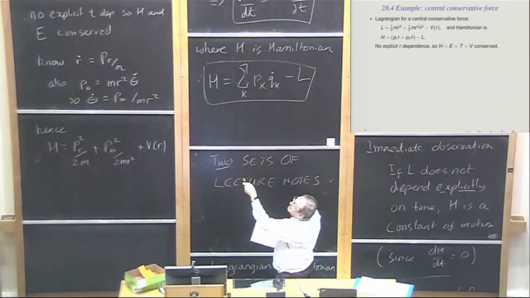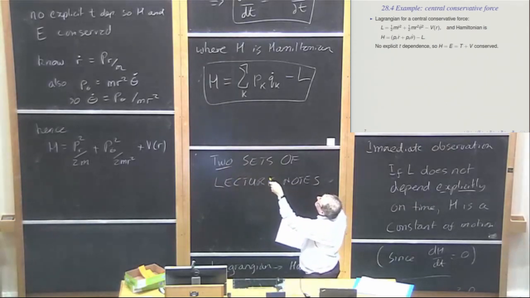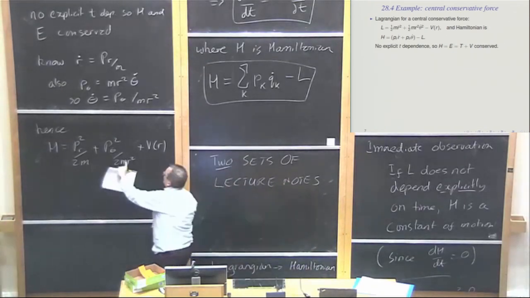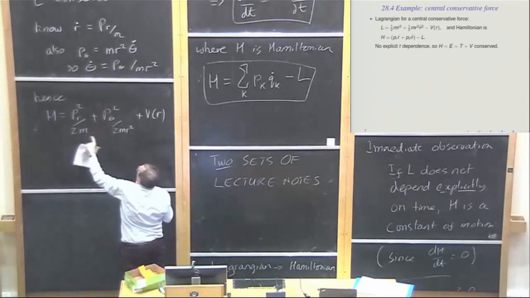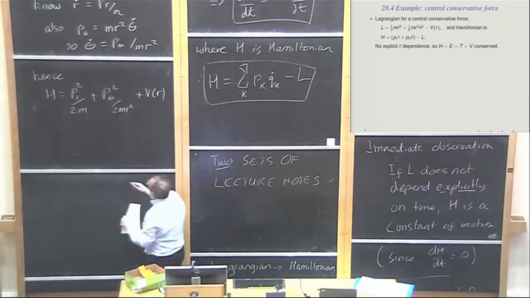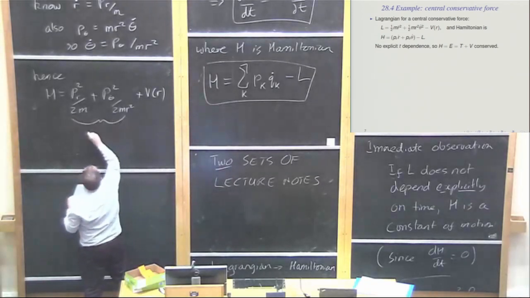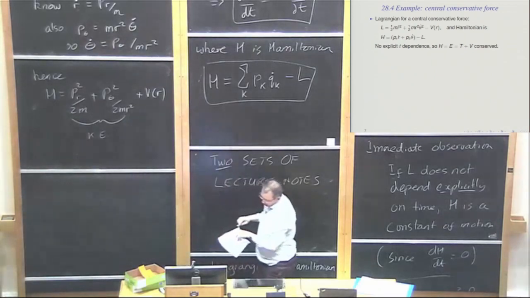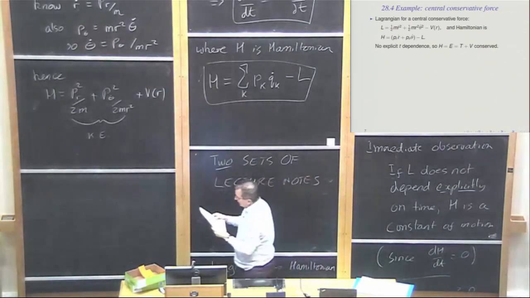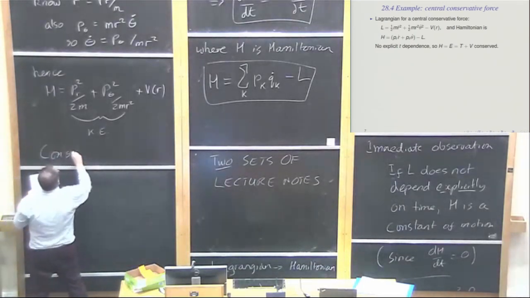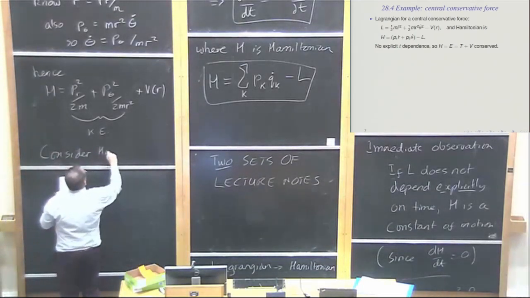But then when I subtract off the Lagrangian, which itself has the kinetic energy in it, I get twice the kinetic energy minus the kinetic energy. And so I get these two terms with a half in them. So this is just no more than the kinetic energy, and we get the potential energy with the positive sign in front. Right, so now consider Hamilton's equations.